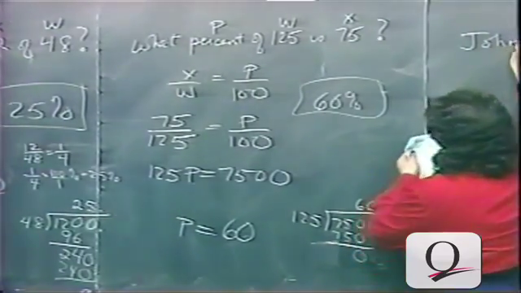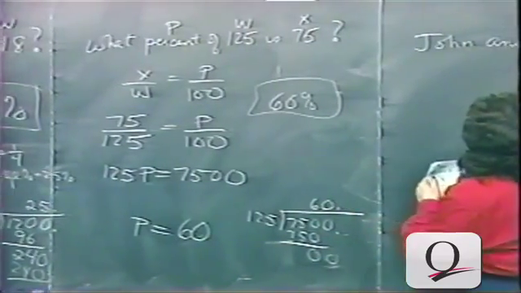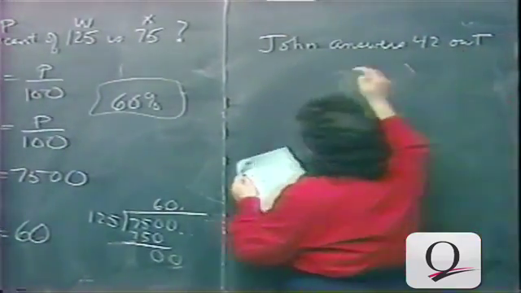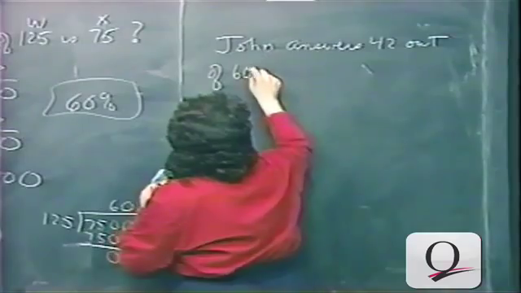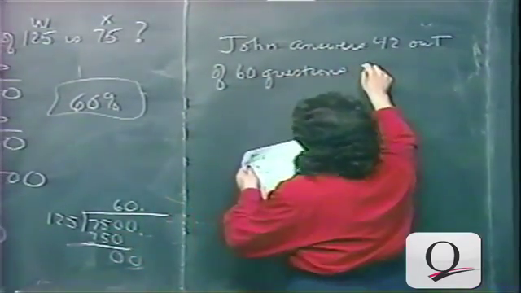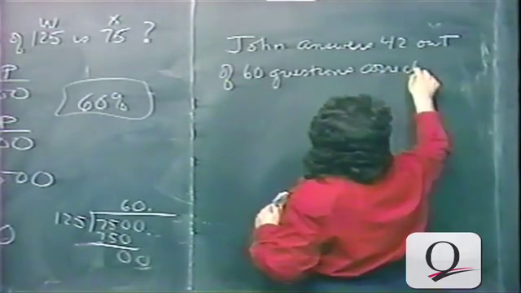Try this example. John answers 42 out of 60 questions correctly.